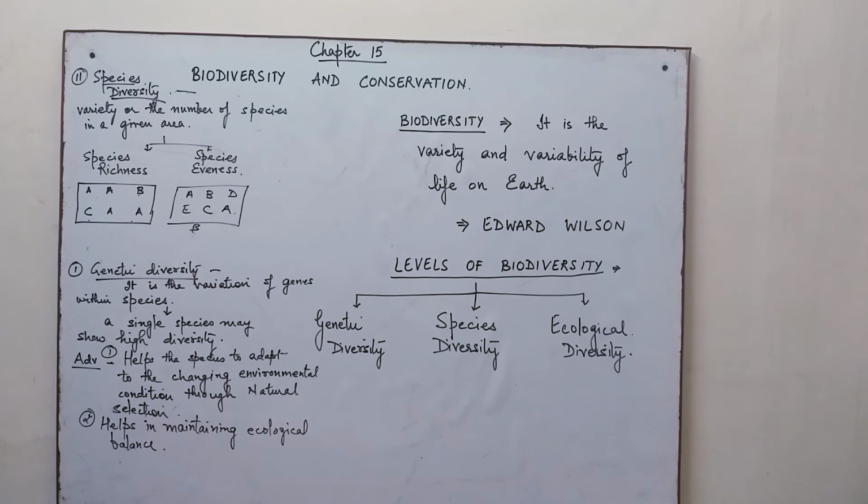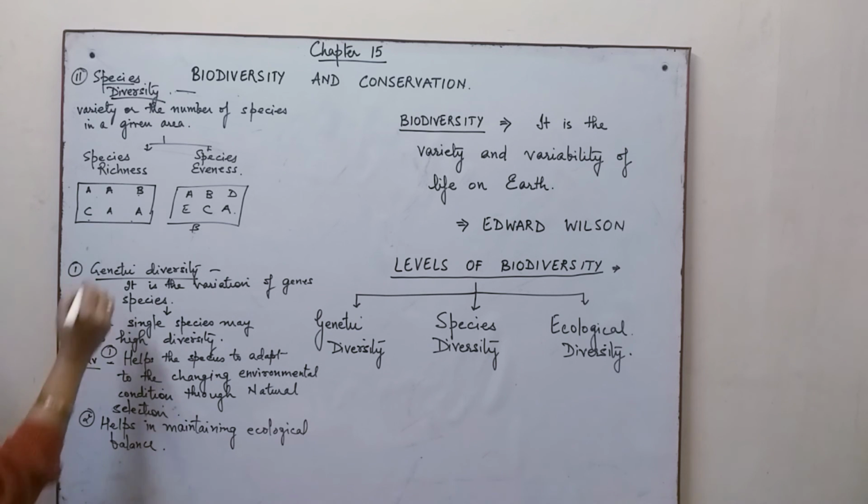Now, there is a difference between genetic diversity and species diversity. Genetic diversity is the diversity of genetic characteristics, and we have studied the genetic variation in the medicinal plant Rauwolfia vomitoria.